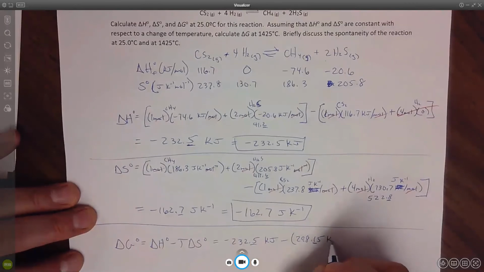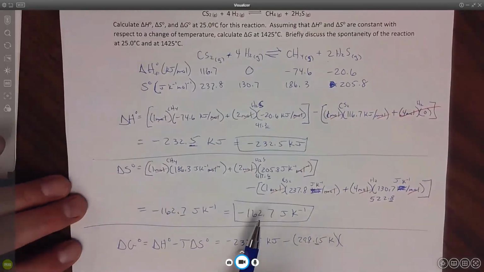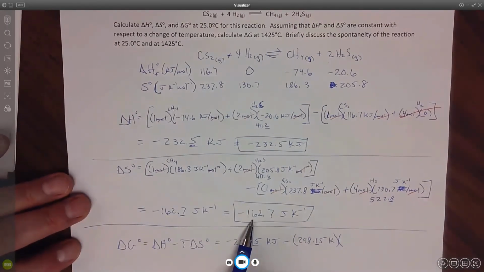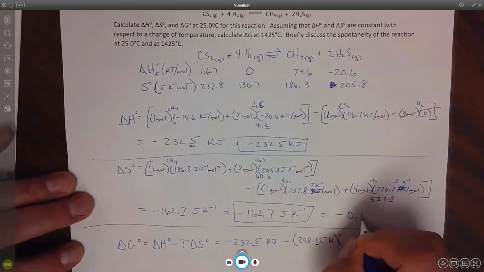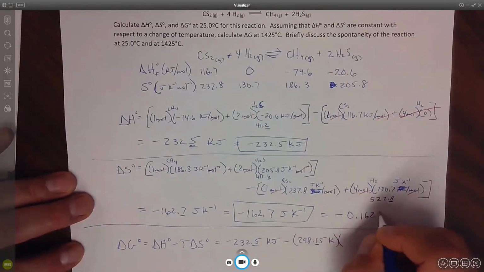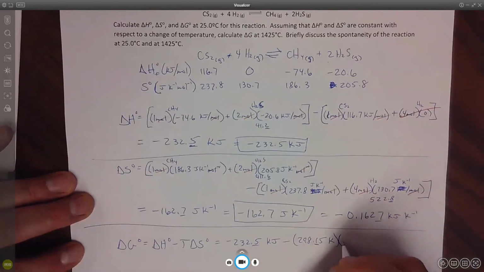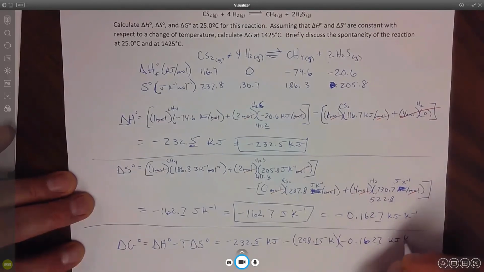So that's in Kelvin. Now our entropy needs to be in kilojoules, so I'm going to divide that by 1,000. So this is negative 0.1627 kilojoules per Kelvin.